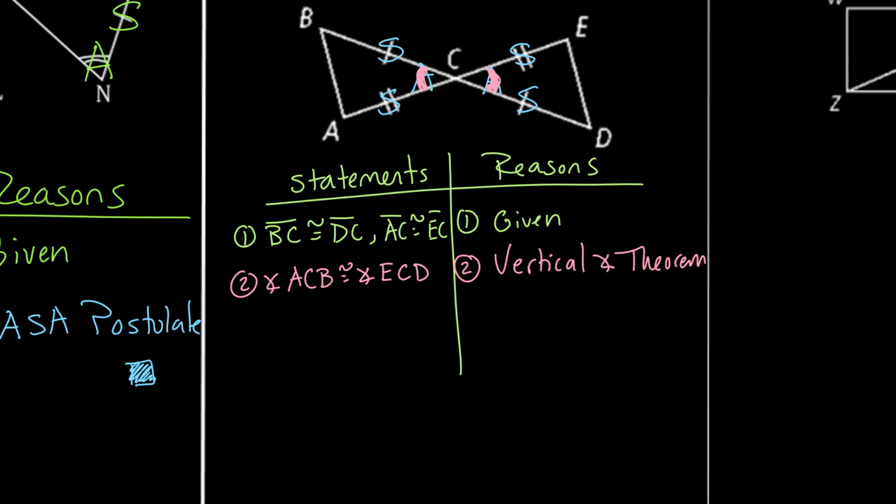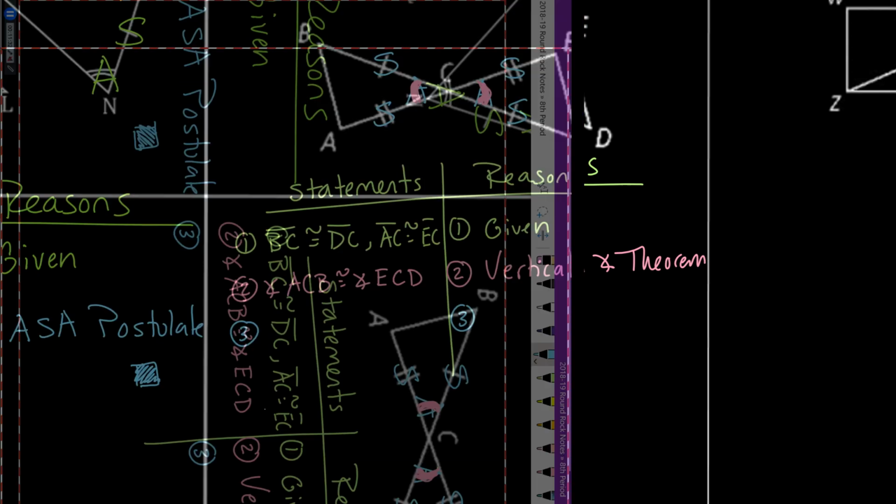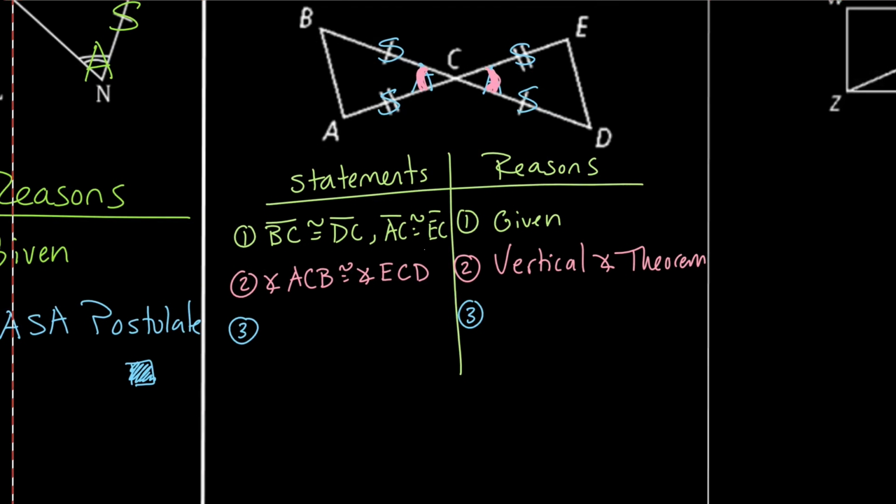After I marked the vertical angles congruent, what did I then do? I used S's and A's to figure out that these 2 triangles are congruent by the SAS postulate. So what should I state as my statement for that third statement?